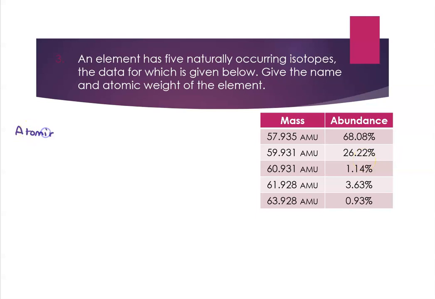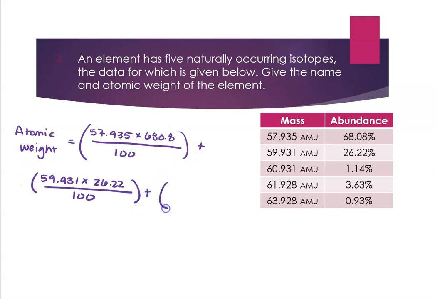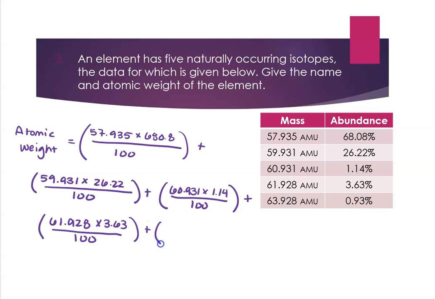So atomic weight is going to be 57.935 times 68.08 divide by 100. And I'm going to do this for all of them. That's the second one. That's the third one. That's the fourth one. And that's the fifth one.